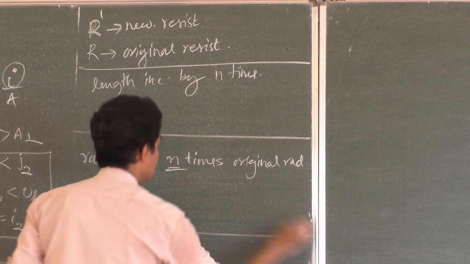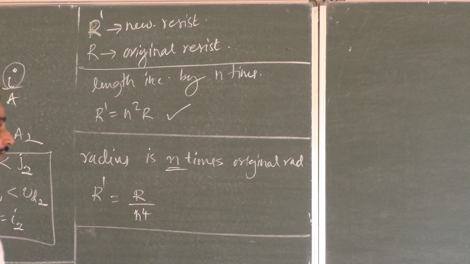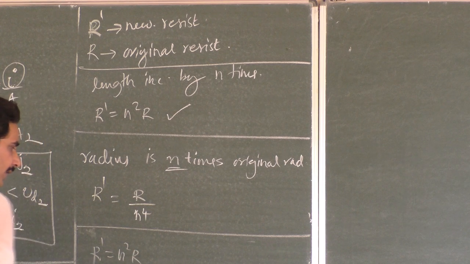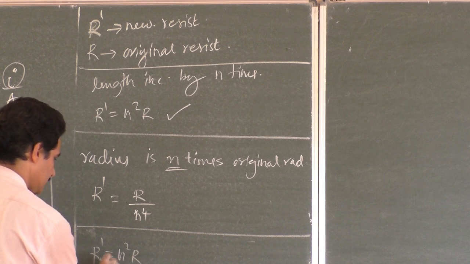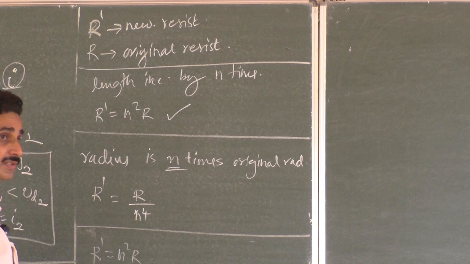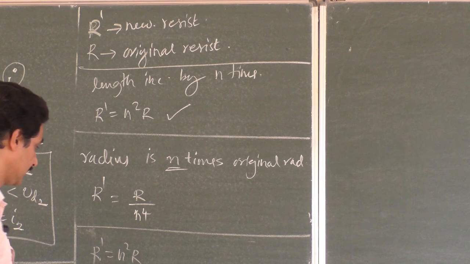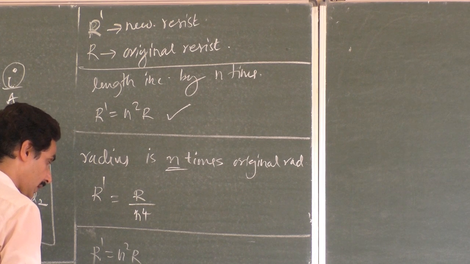Now coming back to this, what is the problem? A wire is stretched by 2%. You know R dash is n square R. If a wire is stretched by 20%, what will you write here? By 20% means you have original value 1, 20% extra. If it is 100, 120. If it is 10, it is 12. If it is 1, it is 1.2.